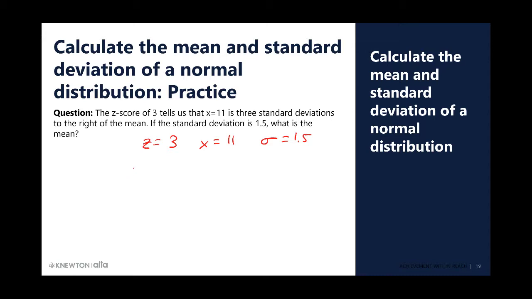So here we go. Once again, z-score, x minus mu over sigma. Now we just fill in the values that we know. So we know the z-score is 3. That equals our data value of 11 minus the unknown mean. That's what we have to solve for, over our standard deviation of 1.5. Multiply both sides of our equation by 1.5.